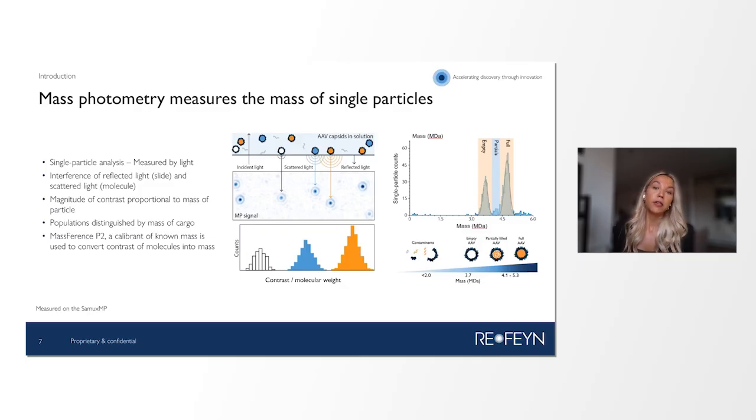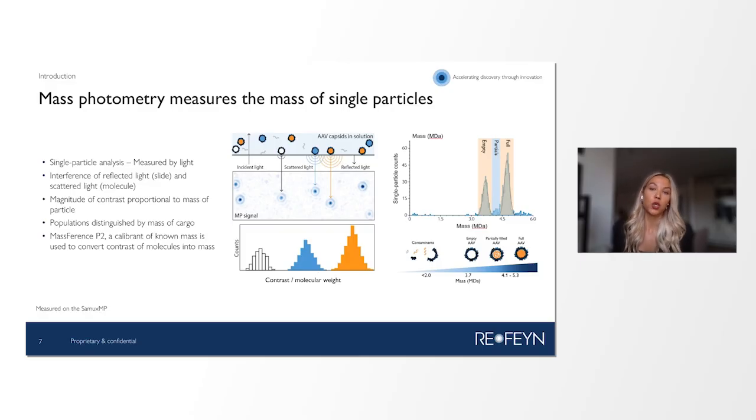scatter the light. An interference of the scattered light and reflected light produces something that is known as a contrast. The higher the magnitude of the contrast, the heavier the particles. It's directly proportional to mass.